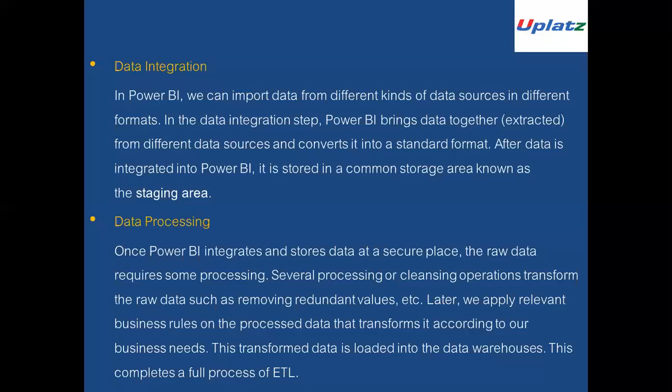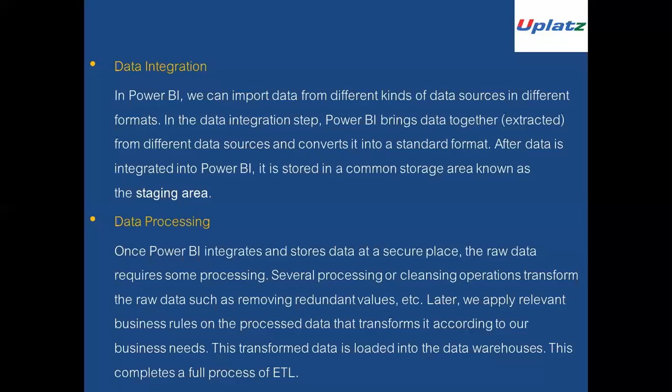And again, here the raw data requires some processing. After performing several processing or cleaning operations, we transform the raw data, such as removing redundant values. That is one type of operation we perform in the data processing technique.